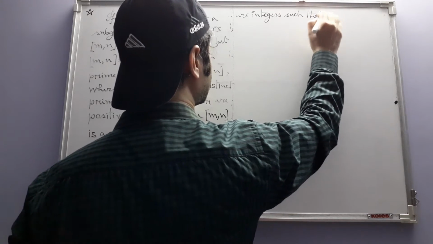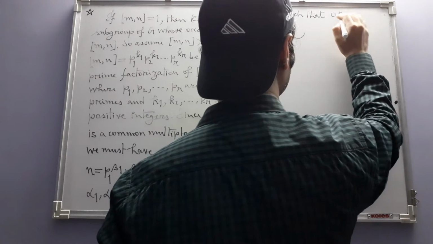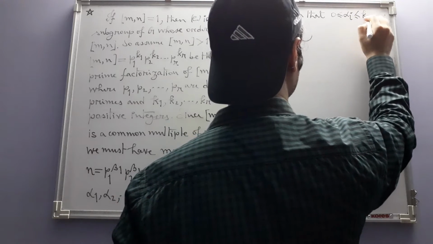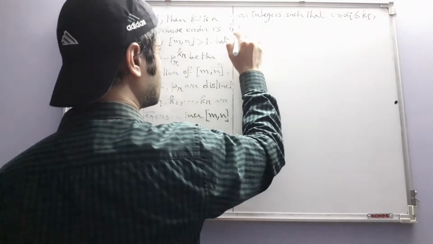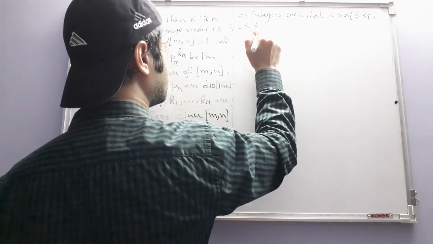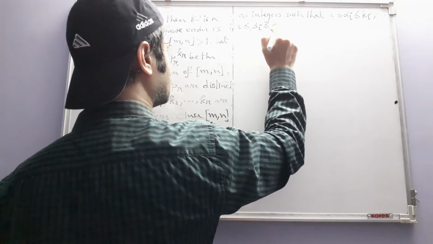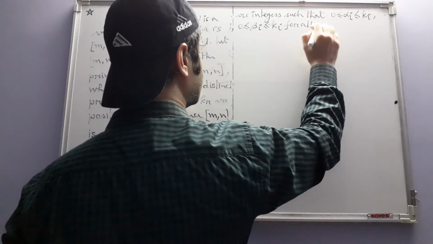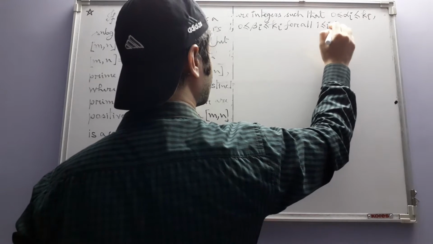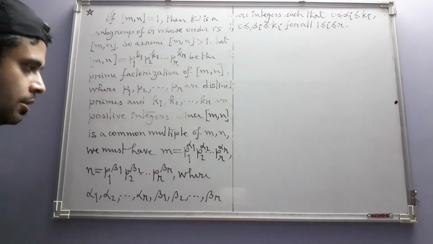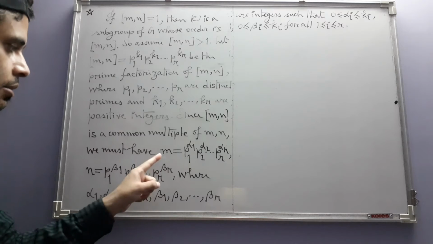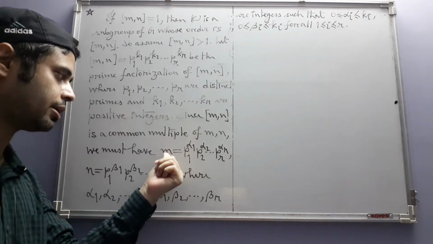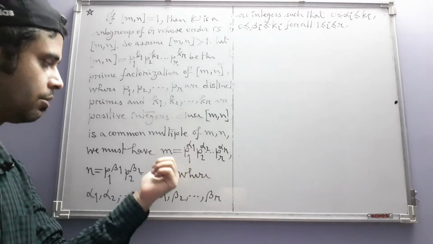Such that 0 is less than or equal to alpha i, and beta i is less than or equal to ki for all i lying between 1 and r, to allow for the possibility that some of these primes may not actually be there as a factor of m.